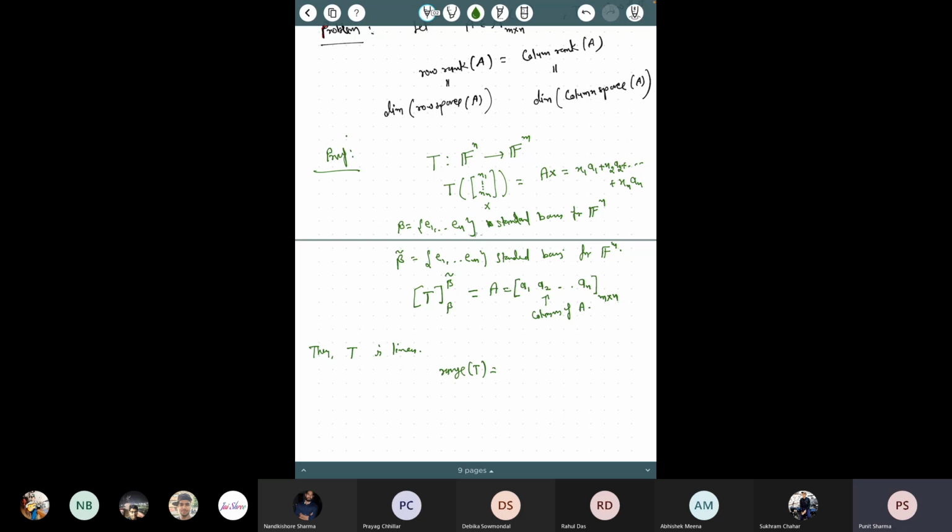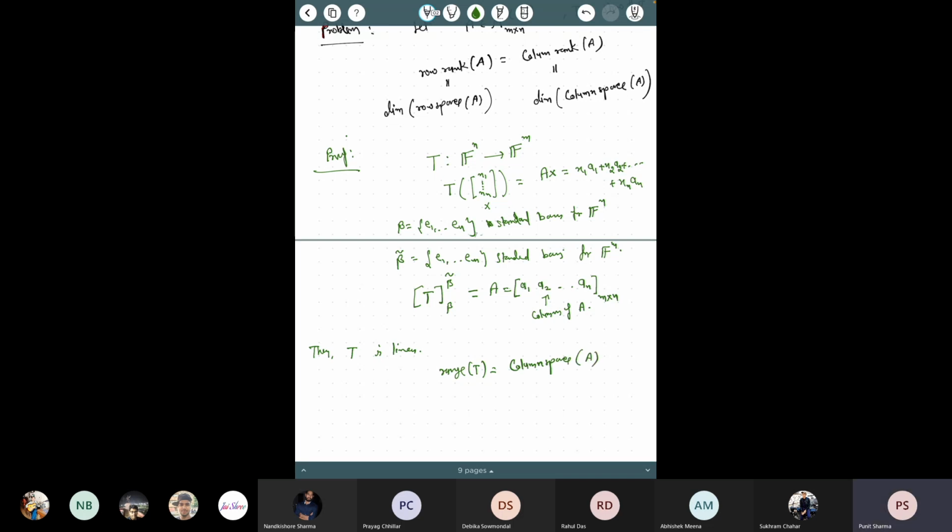If you look at it, A1, A2 up to An are the columns of A, and x1, x2 and so on are the scalars; they belong to F. So the range of T is basically the column space of A. It's the span of the columns of A.